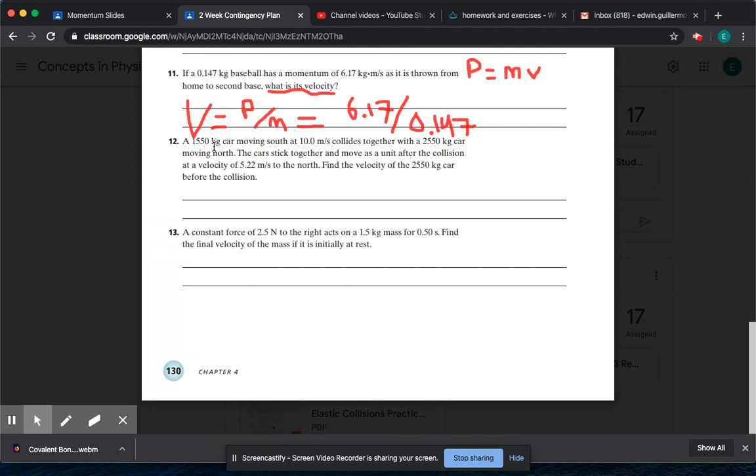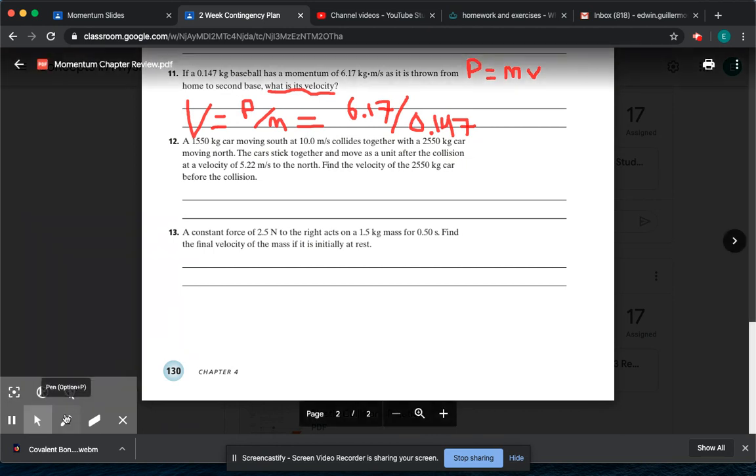So what type of collision are we working with here? Keyword right here: stick. The cars stick together. If the cars stick together, we have an inelastic collision.